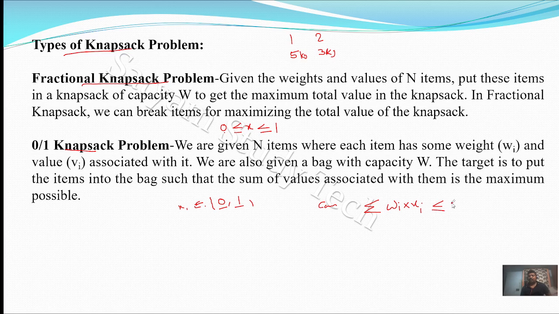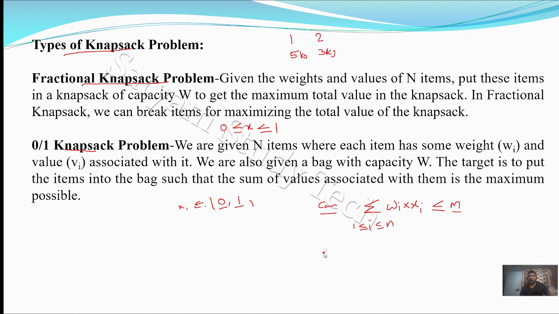Here the capacity of the bag is M. What is i? i ranges from 1 to n, so there are 1 to n objects. You can collect objects such that wi times xi is less than or equal to the capacity of the bag, M. So this is the constraint. You can choose the items based on this constraint.